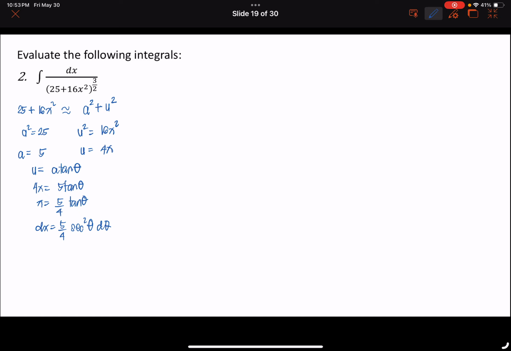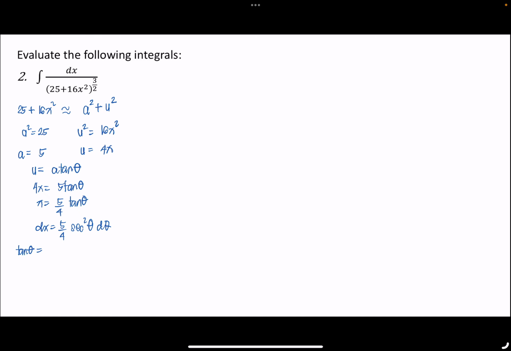With this, we can now do our substitution. By the way, if we want to solve for tangent theta later, it would be 4x over 5, and tangent theta is opposite over adjacent. The opposite side is 4x and the adjacent side is 5.